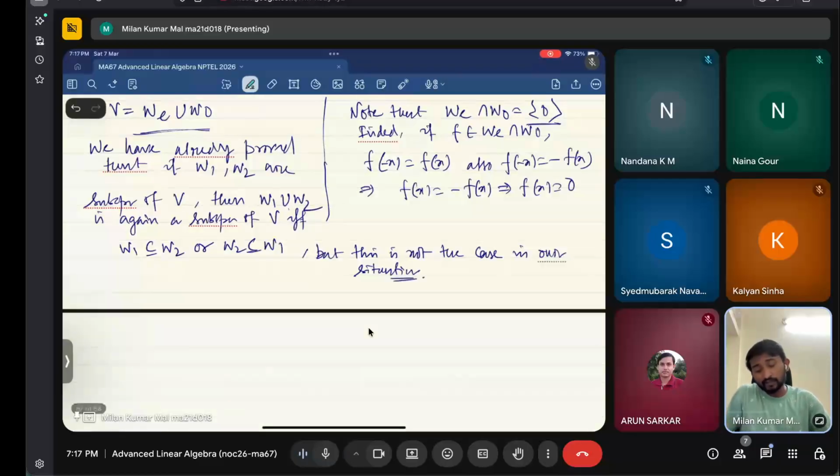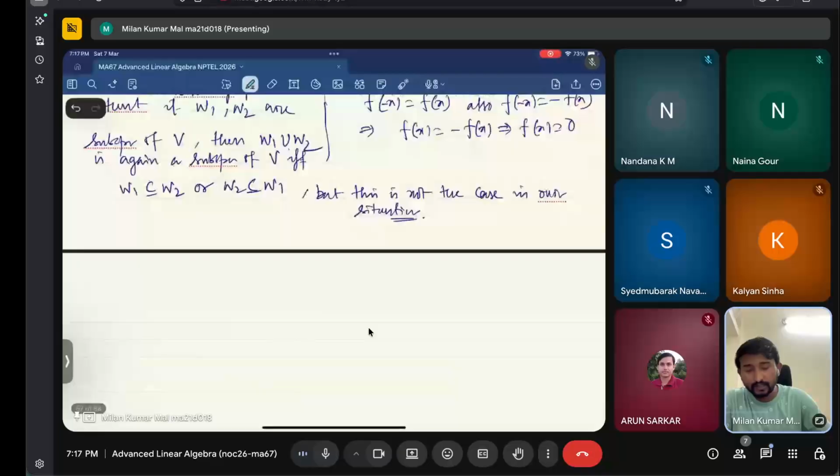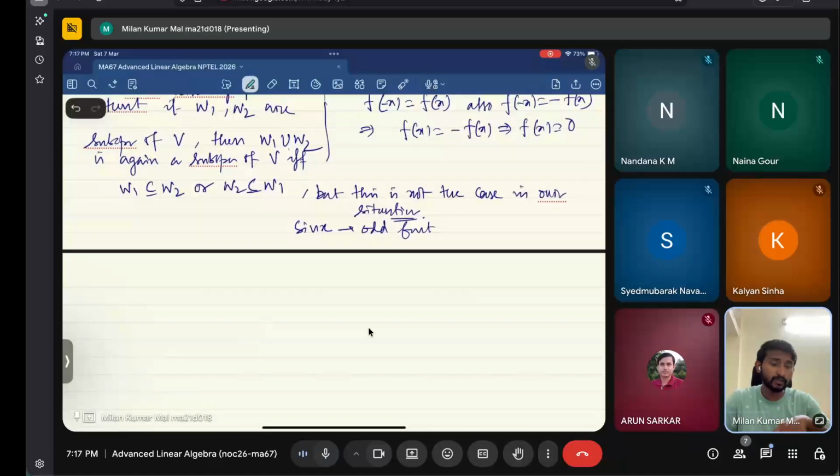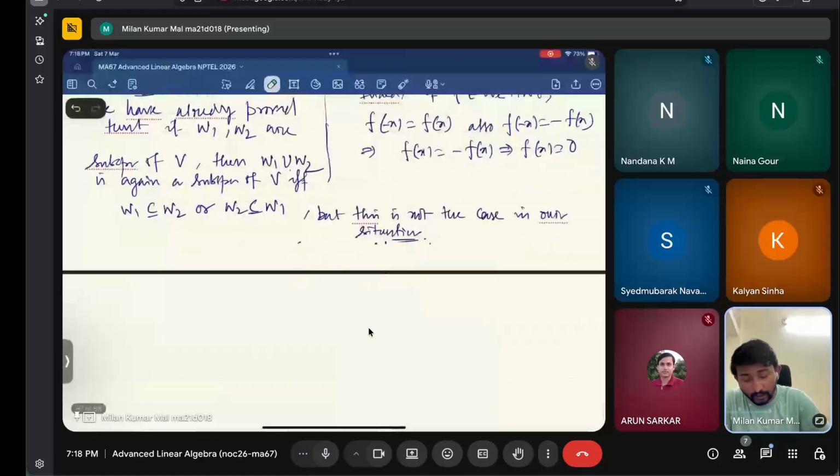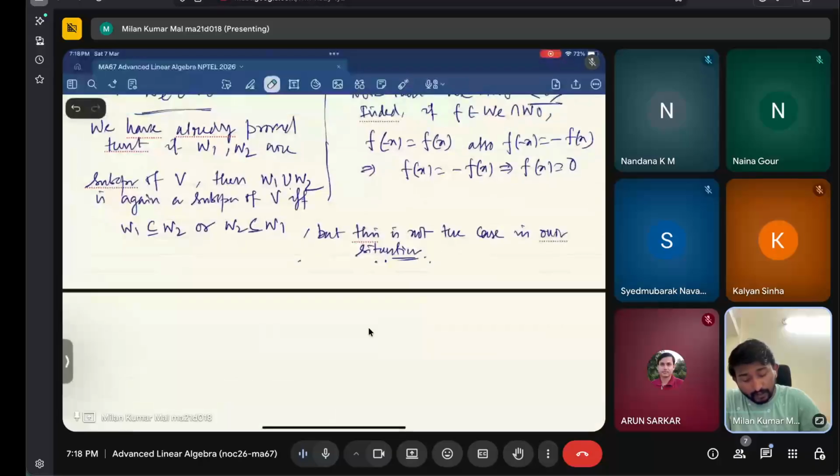You can clearly note that sin x is an odd function. An odd function can't be in the even functions and an even function can't be in the odd functions because their intersection is zero. If there is something common, that has to be zero, but this is not the case. We have proved that WE intersection WO equals zero. If their union were a subspace, then WE would be contained in WO, which implies that WE intersection WO has to be WE.